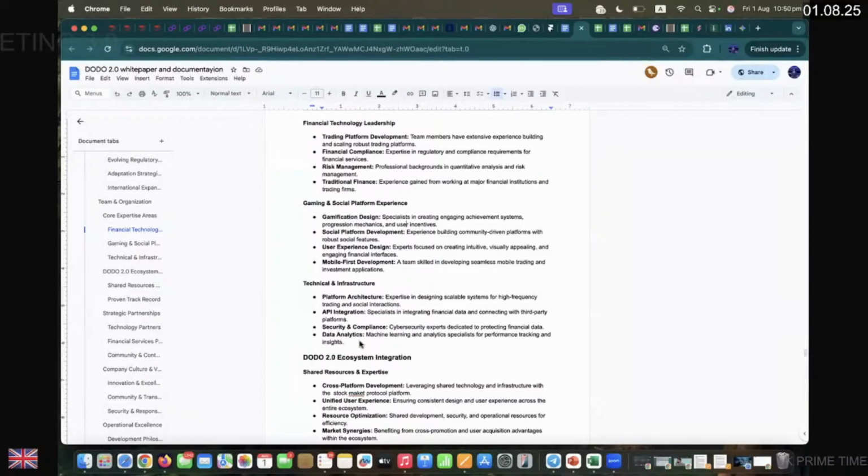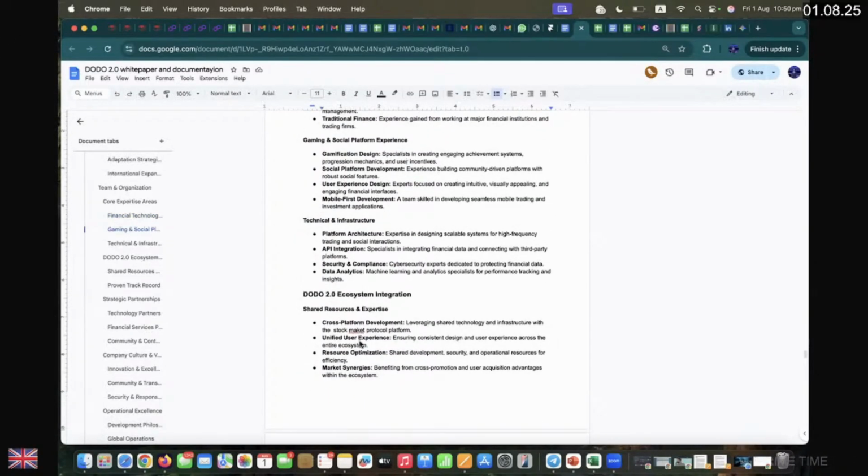Okay. DODO 2.0 ecosystem integration. Shared resources and expertise. Cross platform development. Leveraging shared technology with infrastructure with the stock market platform alongside with the crypto index trading platform. Unified user experience.